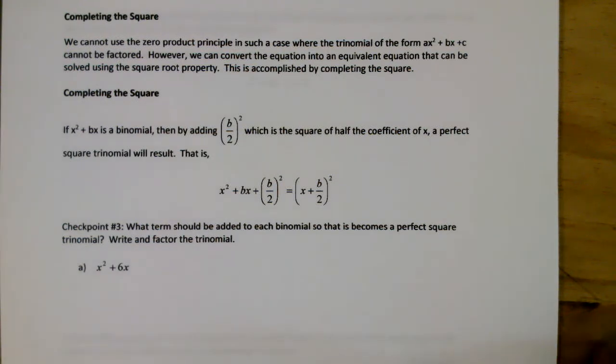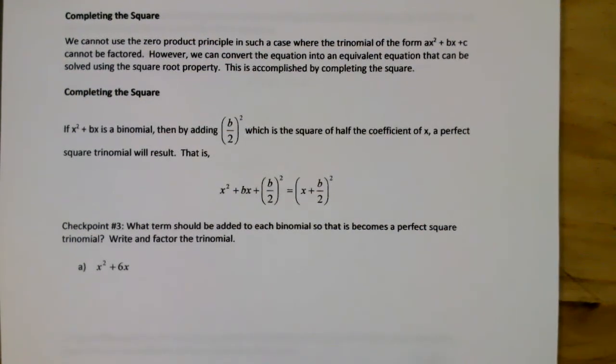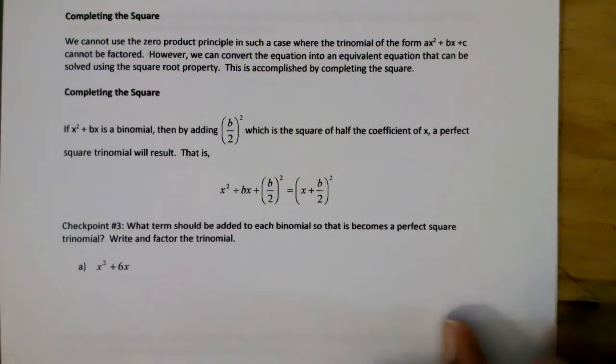So here in this example, we're just going to get our feet wet with using that concept of completing the square. What term should be added to each binomial so that it becomes a perfect square trinomial?